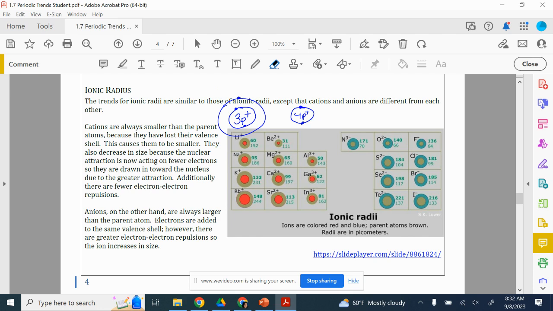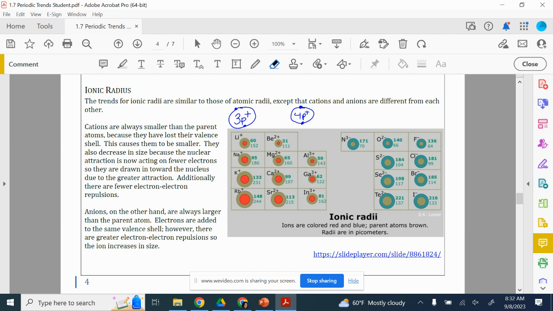So it's going to pull them in tighter than it would this guy if I just removed 1 electron. Here I've got 3 protons pulling on 2 electrons. Here I have 4 protons pulling on 2 electrons.